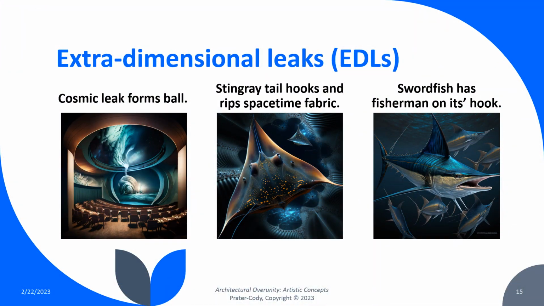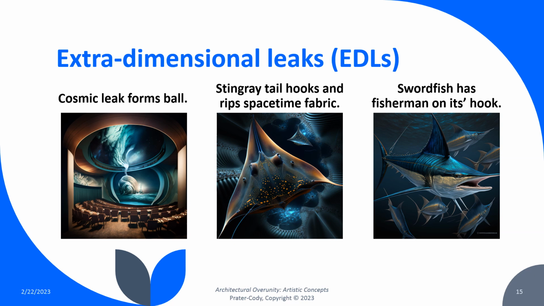Extra-dimensional leaks, known as EDLs, are sometimes clearly visible. This can occur in calculations that include block anneal walls, also known as domain wall magnetism, as part of string theory. Another reason for EDLs can include the Fourier transform and saddle points.